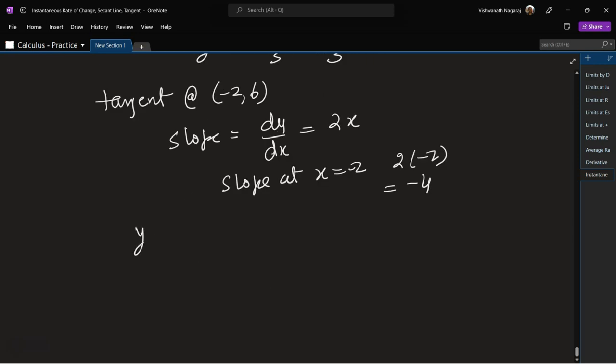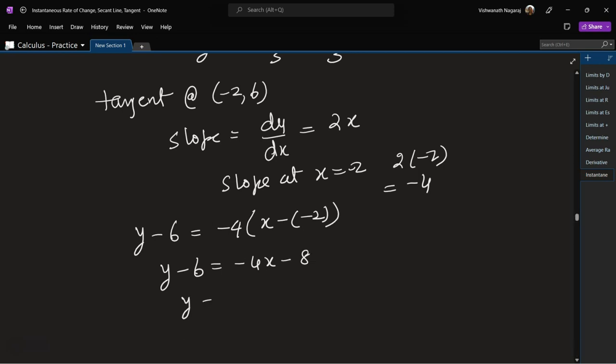So that equation would be y minus 6 is equal to minus 4 times x minus minus 2. So y minus 6 equal to minus 4x minus 8. y is equal to minus 4x minus 8 plus 6, which is minus 2.